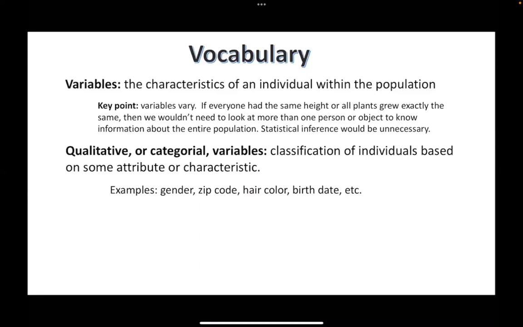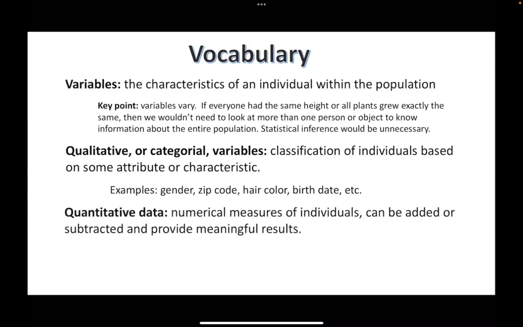All right, so next, we have quantitative data. So think quantity. That's how I always remember it, quantitative is quantity. This is the numbers. This is numbers you will do math with. You add or subtract them, and they provide meaningful results, because adding your zip codes together does not make sense. So it's when numbers provide meaningful results, when you can do math with them.